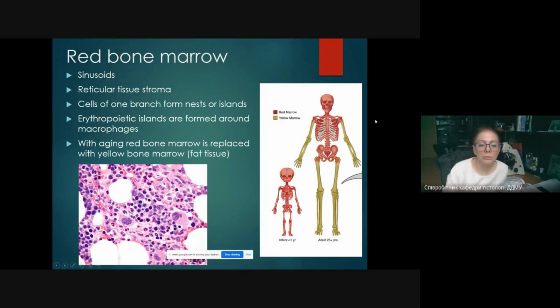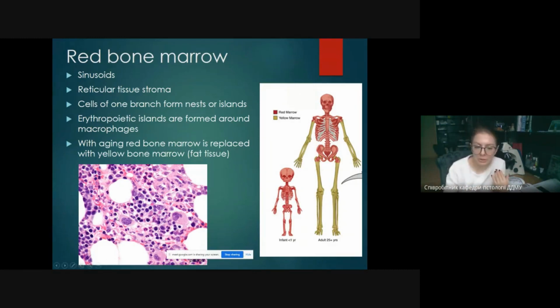What is important to mention, once again, is that red bone marrow for diagnostic purposes could be either aspirated or obtained through biopsy, when we take a piece of bone tissue, several millimeters again. It is painful, and we need to have strong evidence that we really need to take a biopsy.